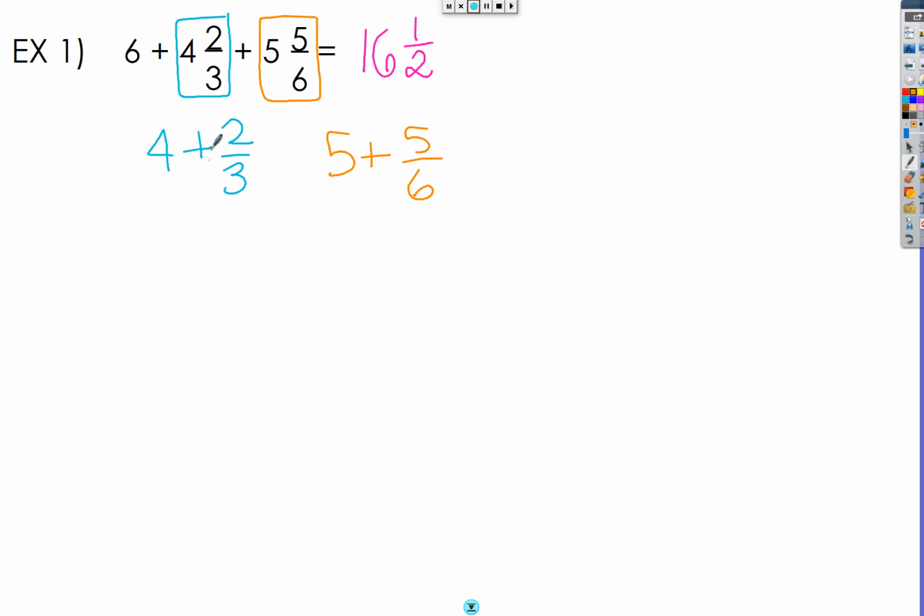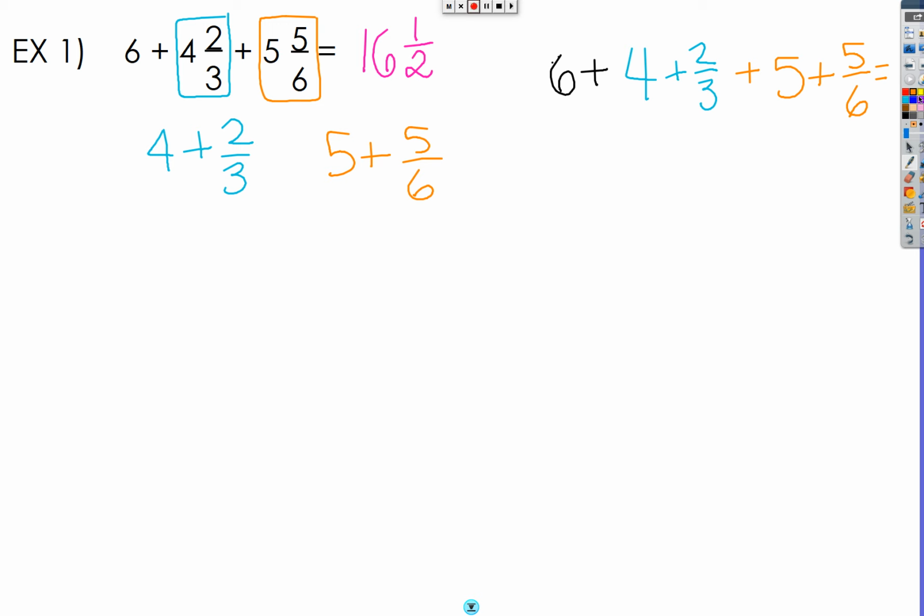And when we say that "and," that's our way of adding the fractional part. So now I'm just going to rewrite this whole problem as 6 plus 4 plus 2/3, and then plus 5 5/6.